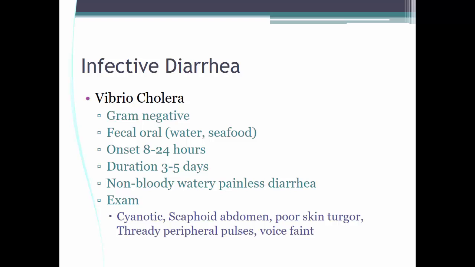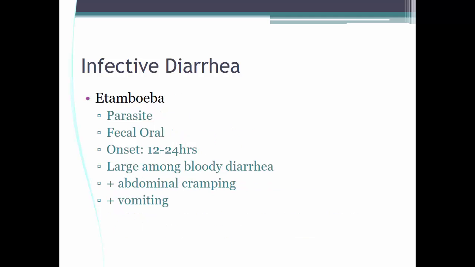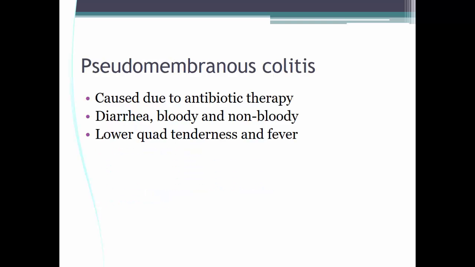Patients tend to have poor skin turgor and severe dehydration, and the transmission is also fecal oral and also by seafood. Amoeba, Entamoeba histolytica, is actually a parasite causing a large amount of bloody diarrhea, abdominal cramping, and vomiting.